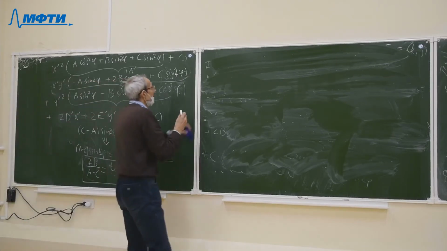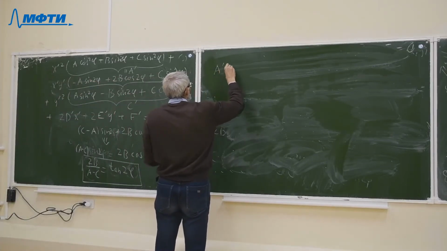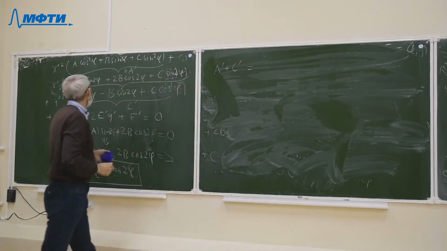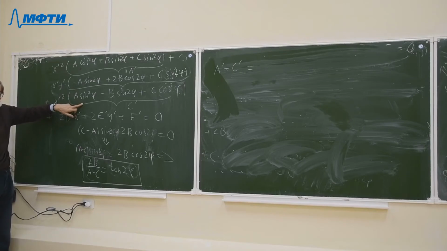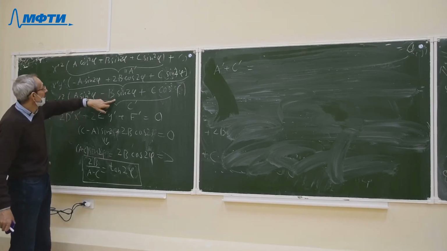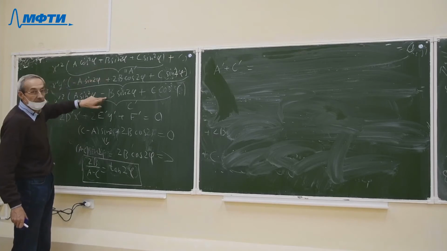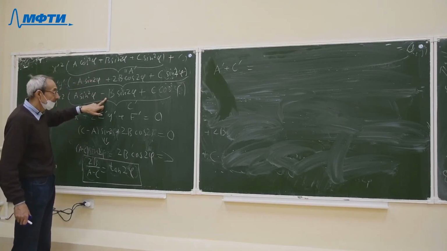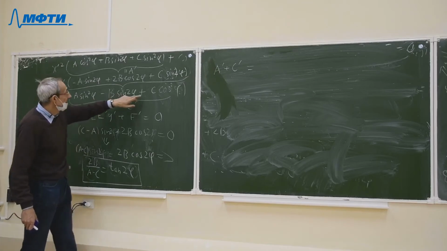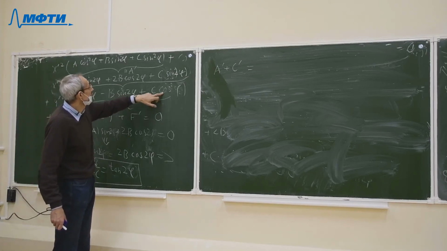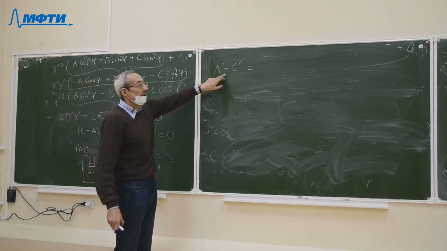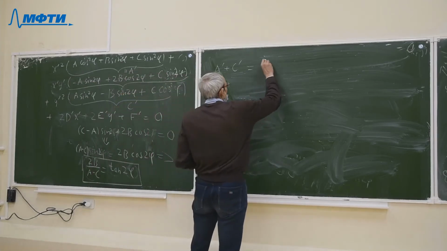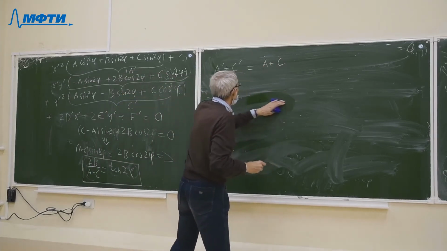A prime plus c prime. We obtain that term and that term because cosine square plus sine square is equal 1. These terms have opposite sign, and its sum is equal 0. This sum cosine square plus sine square is equal 1, and we obtain that a prime plus c prime is equal a plus c.